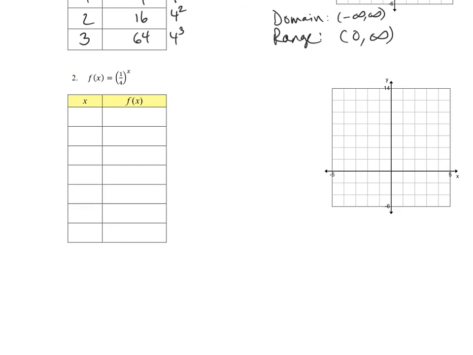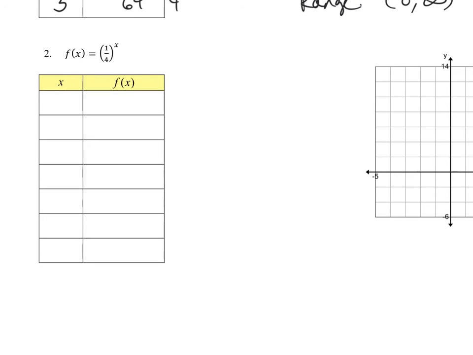So we can have a base that's a positive number. So the base is positive and not equal to 1. So this is an exponential. I'm going to put in some values here: -3, -2, -1, 0. I can just put in a 1/2. I can put any value of x that I want in there, 1 and 2.